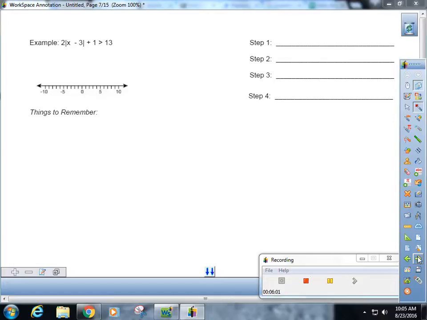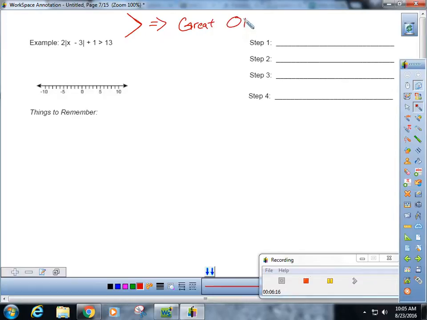All right, finally. This is the greater than sign. I want you to start thinking of that as the great-or-than sign. Okay, because greater than is going to lead us to an or. That's a little trick to remember those, okay? Step 1, isolate the absolute value. Okay?